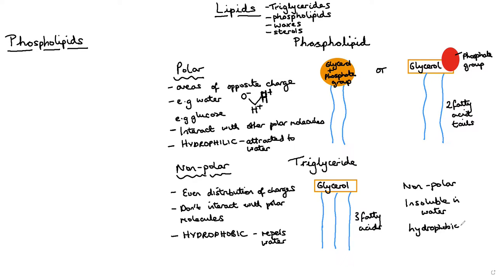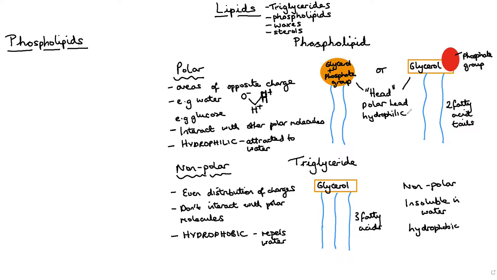If we look at phospholipids, they're an unusual molecule because they have two parts with two different characteristics. This part here is called the head. The glycerol and the phosphate group is called the head, and it is a polar part of the molecule. It's a polar head. So it being polar means that it is hydrophilic.